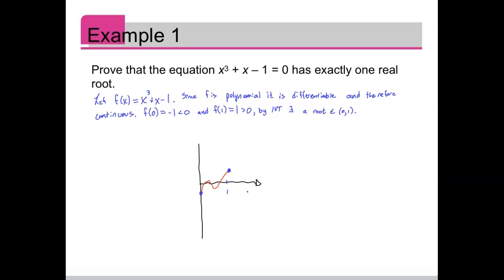I want to show that there's exactly one. And here's where my proof by contradiction is going to come in. What I'm going to do is, let's assume there's more than one. And then we'll show that that's not possible. So if we've just proven there's at least one, and then we prove that it's not possible that there's more than one, the only option left over is that there's exactly one.